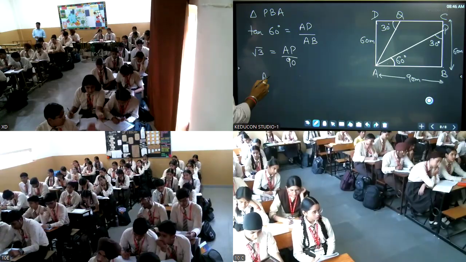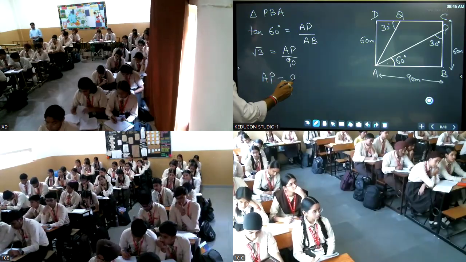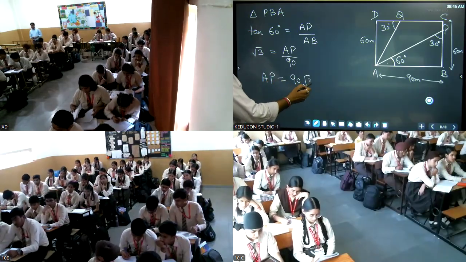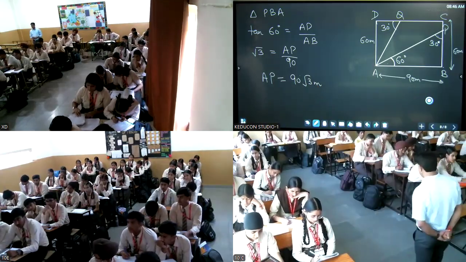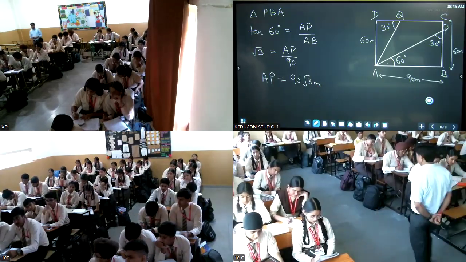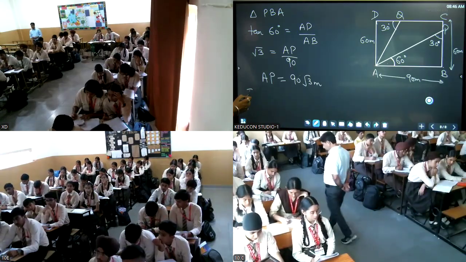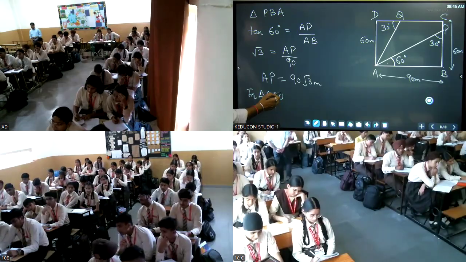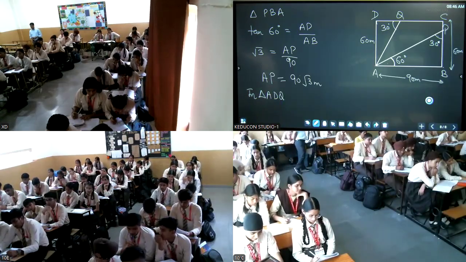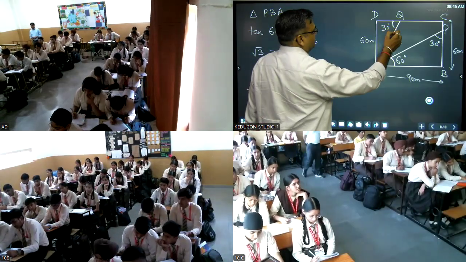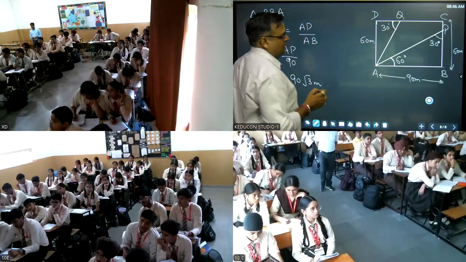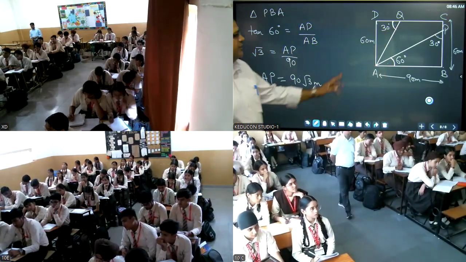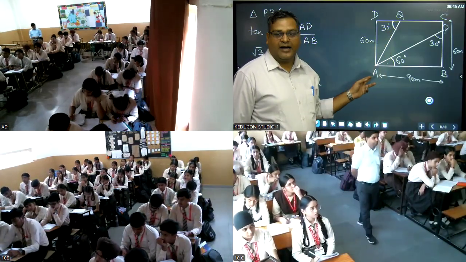So the AP will be equal to 90 root 3 meter. Now we have to find out AQ. Now in triangle ADQ, right angle at D. So now this angle is given और इसके opposite side perpendicular है. So perpendicular is also given. We have to find the hypotenuse.